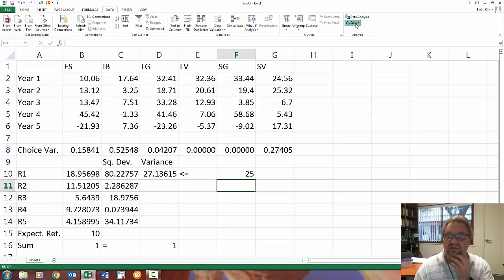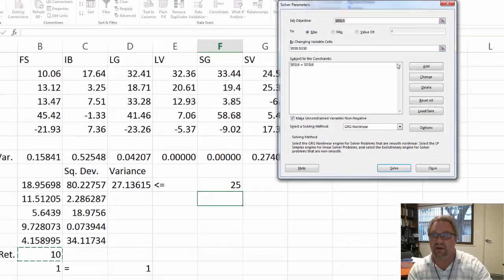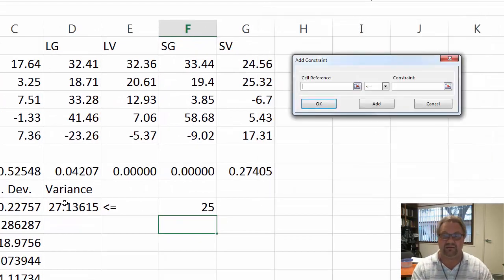So Data, Solver. Okay, so now I want to maximize the return by changing all of these cells, but subject to, now I need to delete that constraint and then add, I want to keep this one because that's my sum constraint. And then I want to add this constraint.